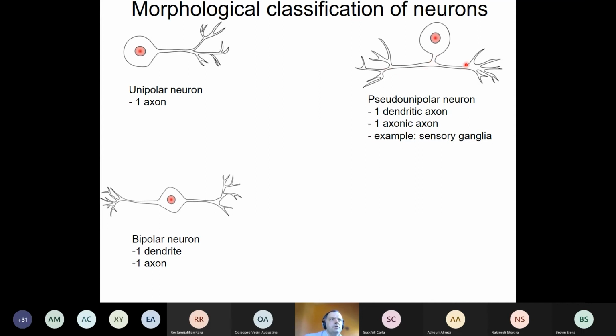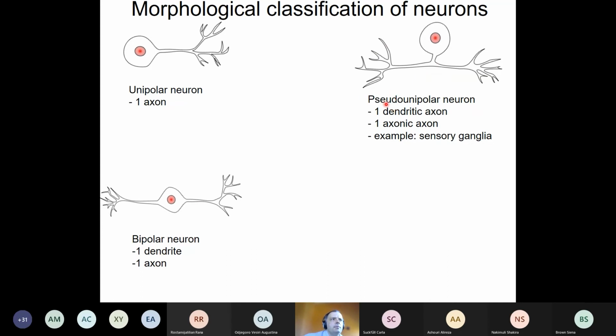Because they have finally two processes, but these two processes come from one common trunk, and people invented electron microscopy, and they started to study these processes, and it turned out that both have the morphology of an axon. So they don't have dendrites, and therefore it was hard to give a proper name.